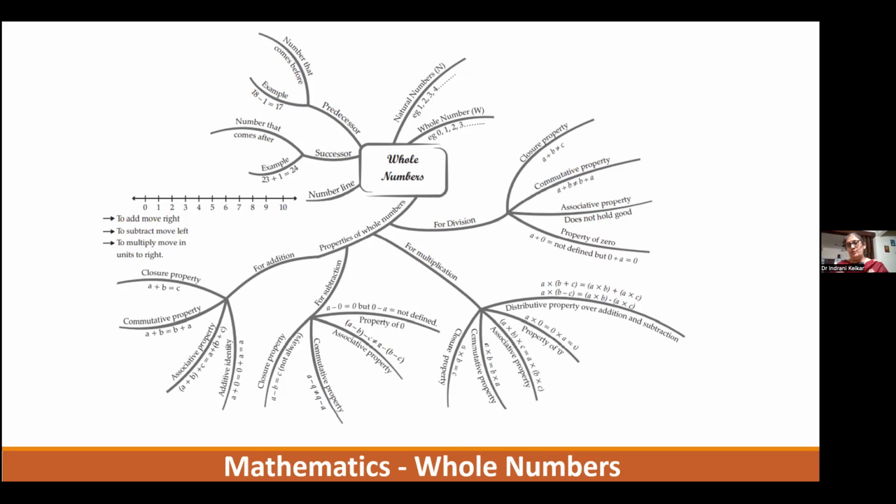As you grow into standard 8, 9, 10, the number of formulas keeps increasing, and the confusion in the student's mind is always that for one formula I substituted another formula and got the answer wrong. So that this does not happen, you need to use recitation, memorize it, put it in the mind map, and put it in your room. This map can be printed and pasted. Keep seeing it again and again.